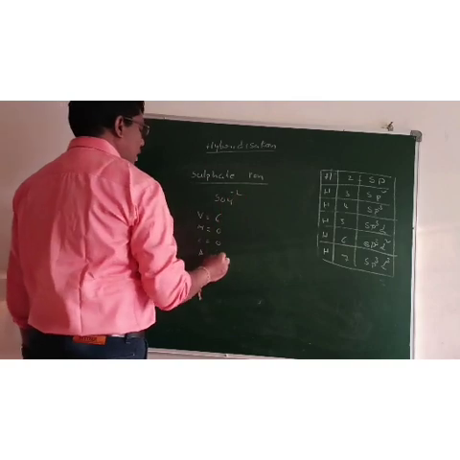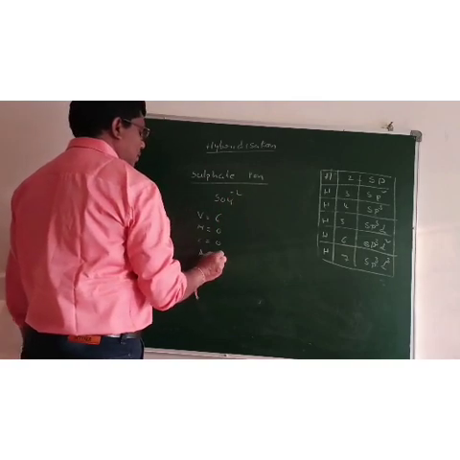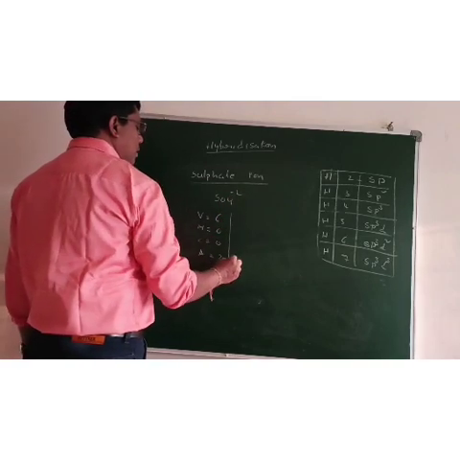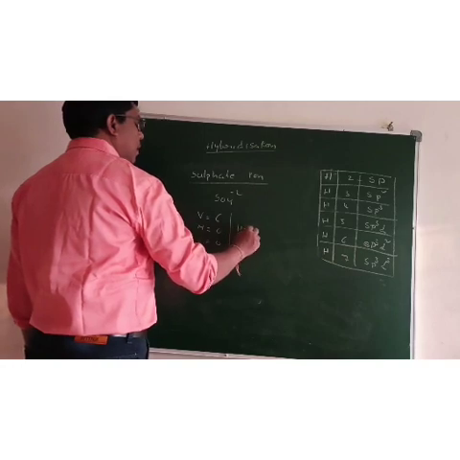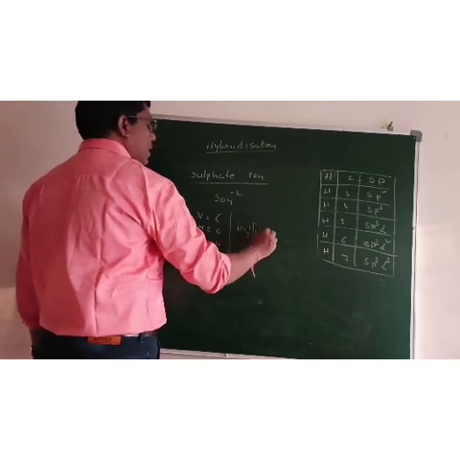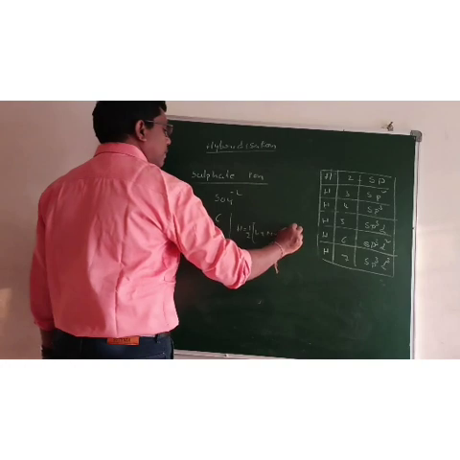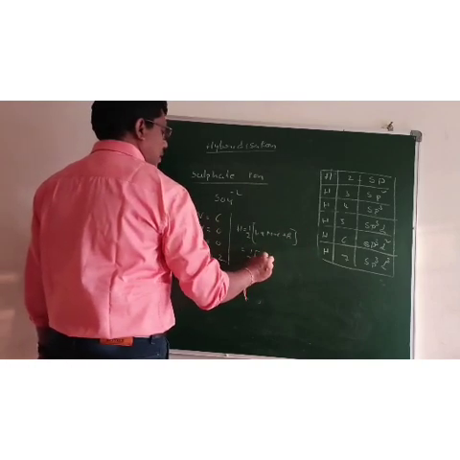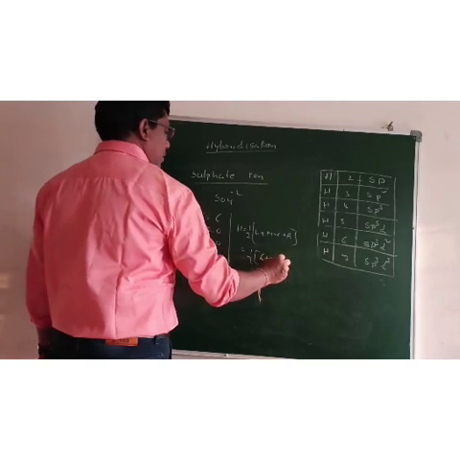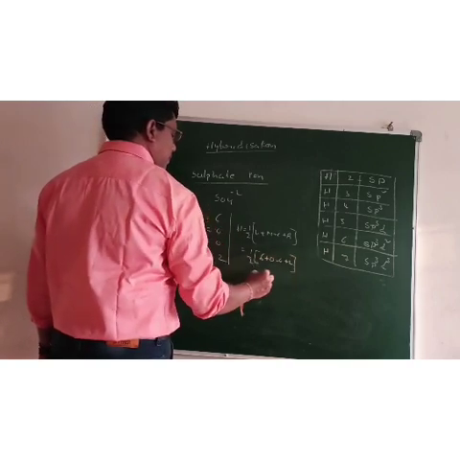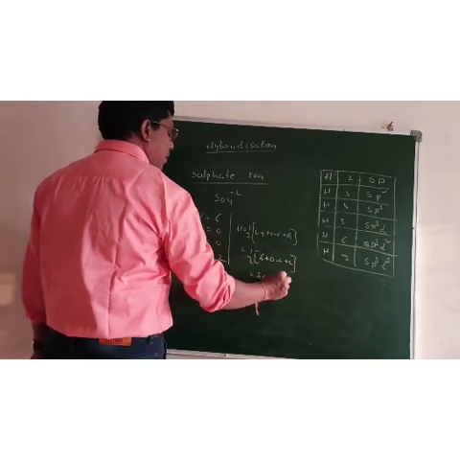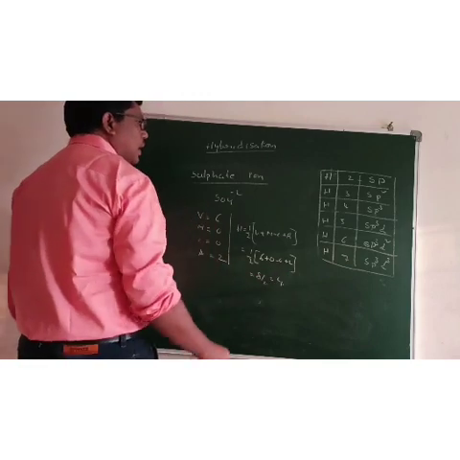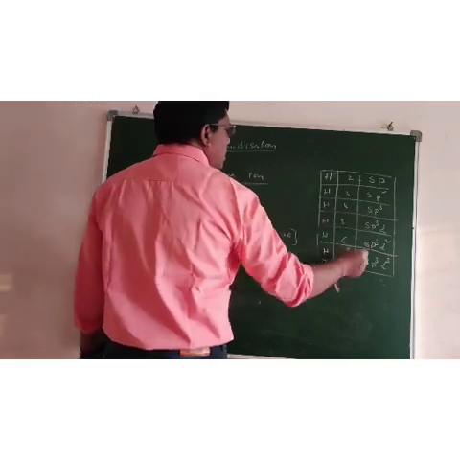Just take the value 2, not minus 2. So substitute these values in the formula. H equals 1 by 2 (V plus M minus C plus A), 6 plus 0 minus 0 plus 2, 8 by 2, 4. So the H value is 4, then its hybridization is sp3.